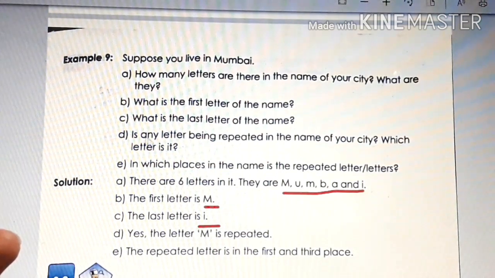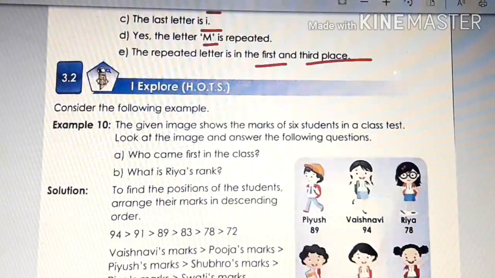I. Is any letter repeated in the name of your city? Yes, that is M, isn't it? In which places in the name is the letter repeated? One is first and the other is third. Can you see here? First and third place. Clear? So you can practice this.